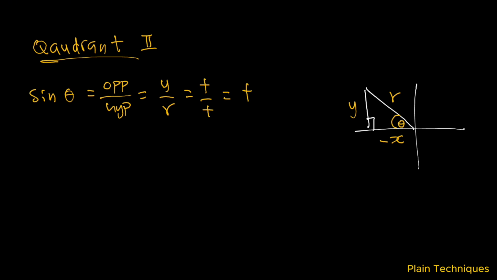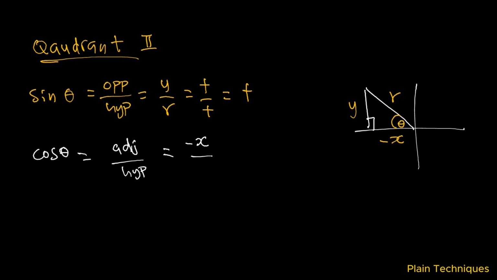Okay? Now, second one, cos theta. Cos is adjacent over hypotenuse. Now, let's look at what we are given here. Adjacent is minus x. I'm going to put minus x for adjacent.